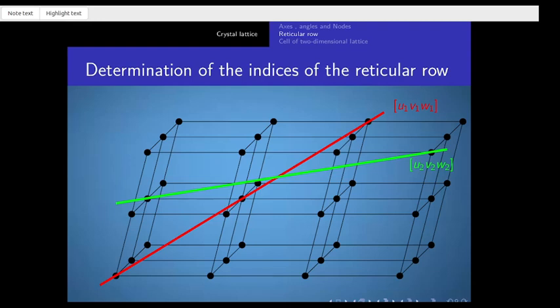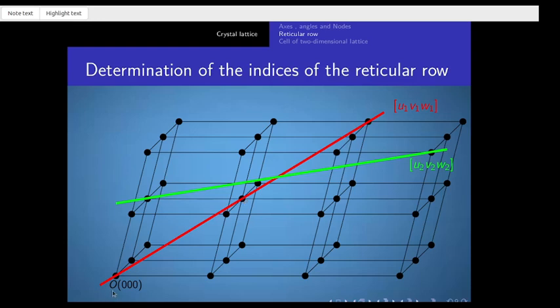Now, to determine the indices of these reticular rows, we must determine the coordinates of each node on the row. If we want to determine the coordinates of this node, we have to do a translation which begins from O and arrives at this node.